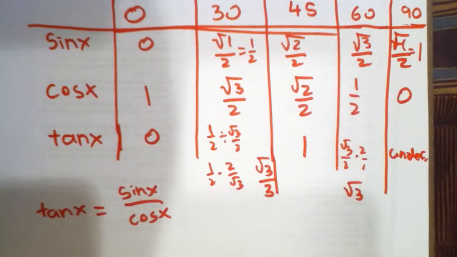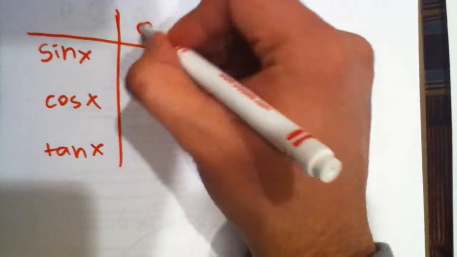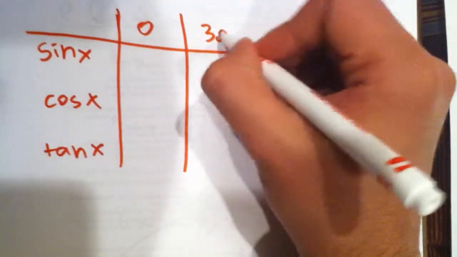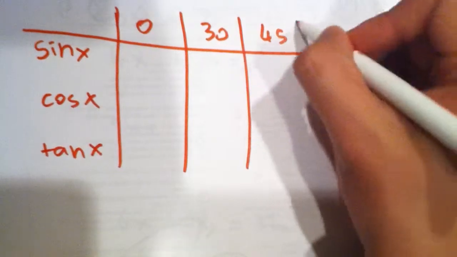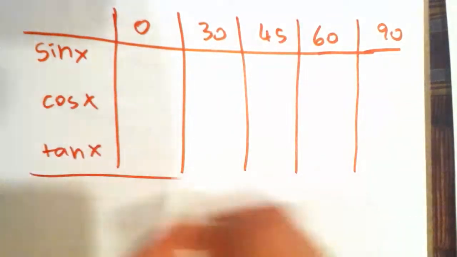So let's write a neater version of the same table on the next page. So sine x, cosine x, tangent x, 60 and 90.